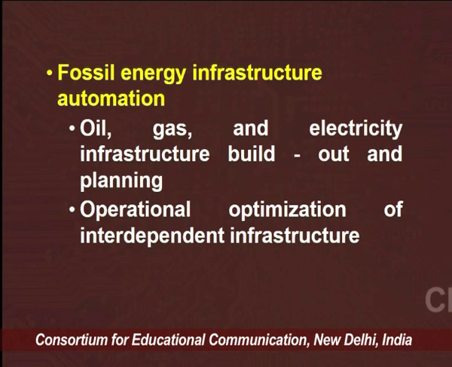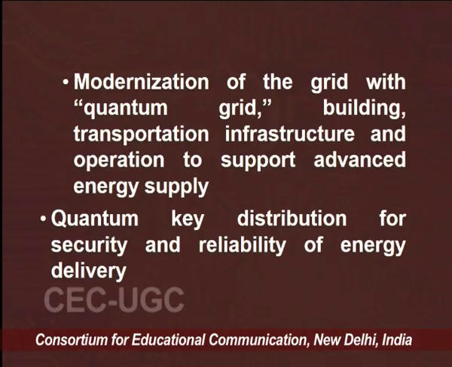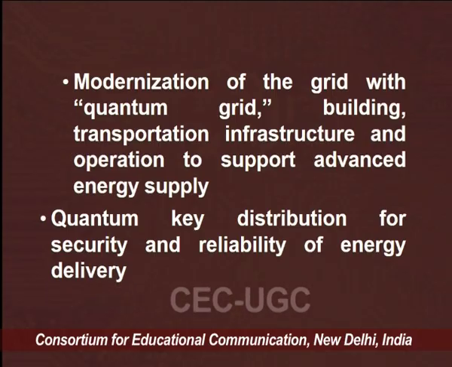Then fossil energy infrastructure automation, where we have oil, gas and electricity infrastructure build-out and planning. Another is the operational optimization of interdependent infrastructure. Then modernization of the grid with the quantum grid, building transportation infrastructure and operation to support advanced energy supply.